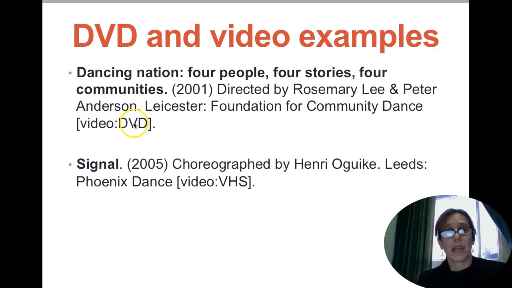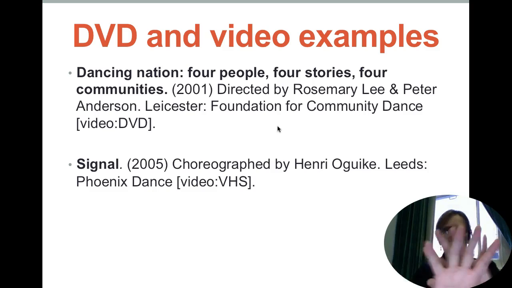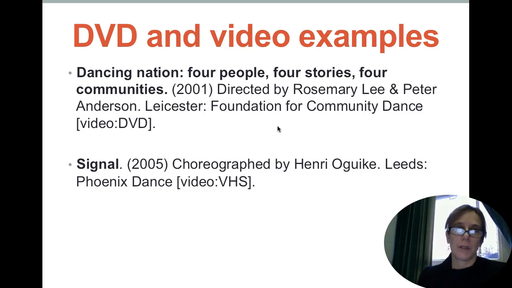So this is on video and DVD, square brackets, and this one, Signal by Henri Oguike, is video VHS. So it's the same kind of formatting. The title is in bold, and the information of who produced it is here. So that's DVD and video. I've made a chart, by the way, which I've put on Facebook, which gives you all of these examples, how to do them in a table.